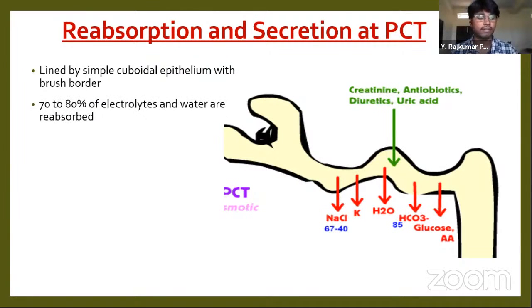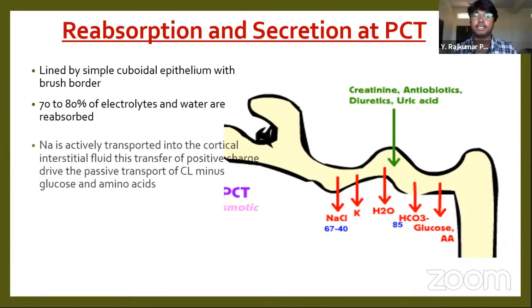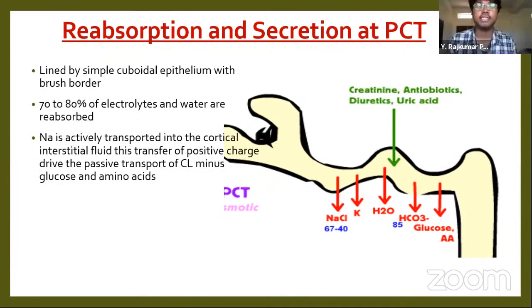Next, 70 to 80% of the electrolytes and water are reabsorbed here. Na, which is sodium, is actively transported into cortical interstitial fluids. This transfer of positive charge drives the passive transport of Cl minus, glucose, and amino acids.